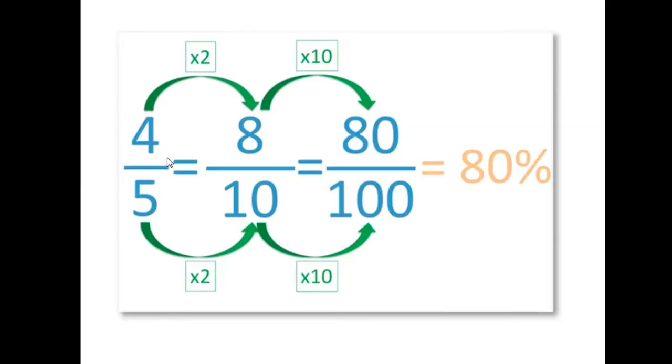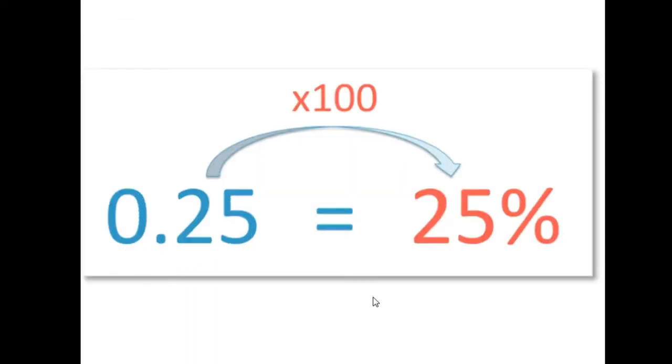Let us suppose our given fraction is 4 over 5. Now the denominator is 5, but what we need to make is 100. So you multiply numerator as well as denominator by 2.